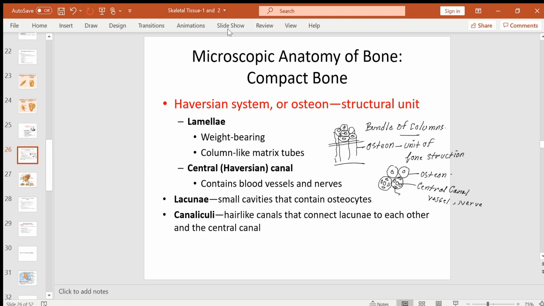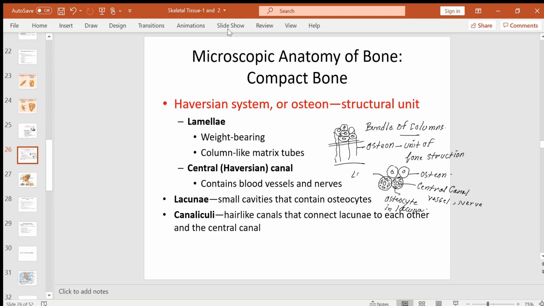So osteocyte within lacunae, and outside of the lacunae, that means in between the lacunae, you have the hard matrix of the bone, and that hard matrix is called lamella.